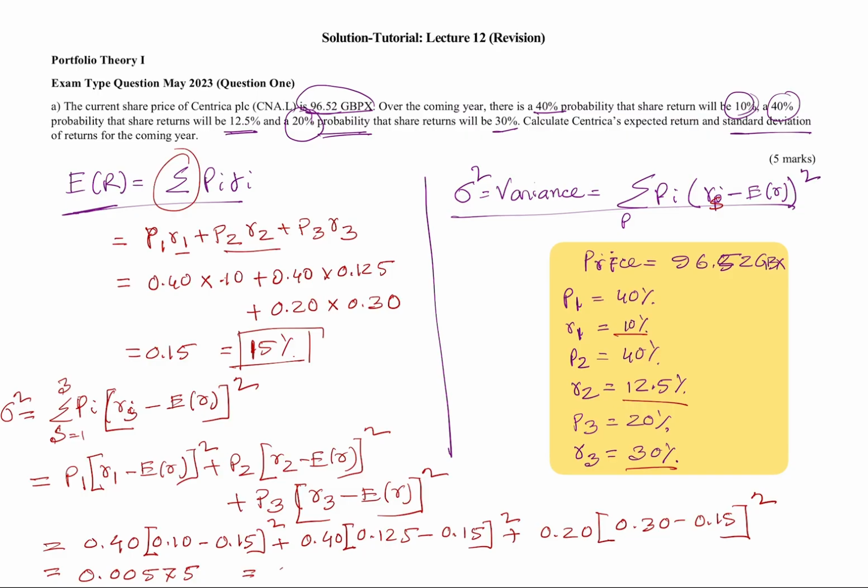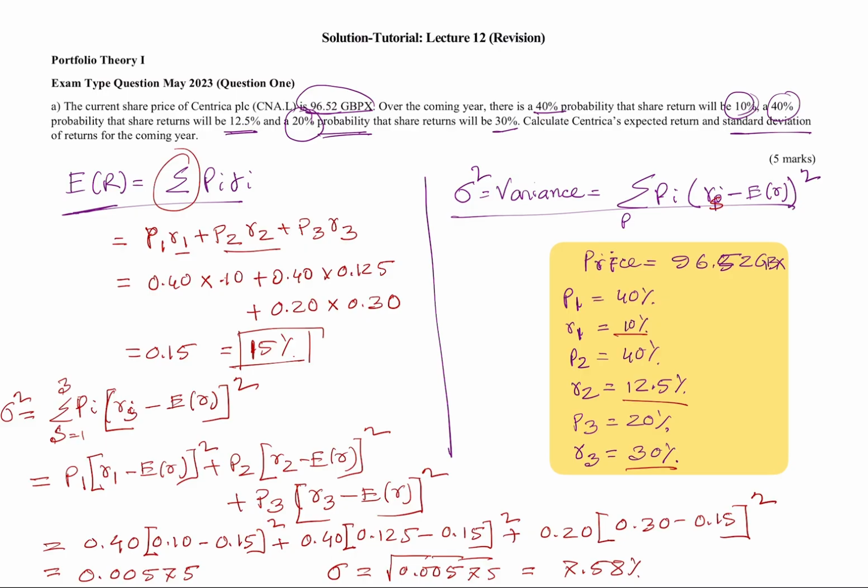0.00575. So the sigma is going to be the square root of 0.00575, and if we square root that, it becomes 0.0758 in decimal.